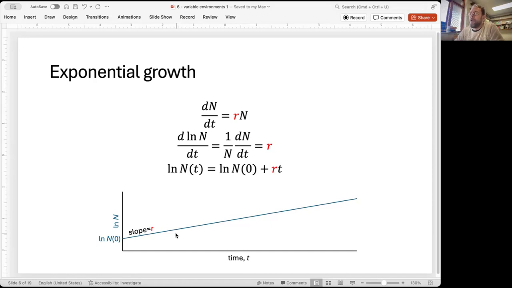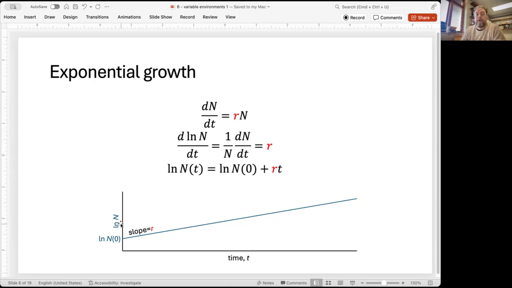One thing about it in this form too is that it's basically the same equation as the equation for position from the laws of motion. So instead of thinking about log N being population size, it could be your position along a roadway, and little r is your velocity, how fast you're driving down the road.